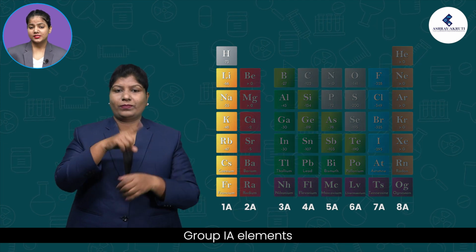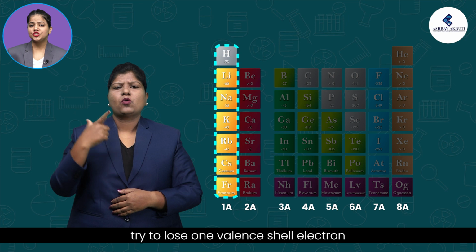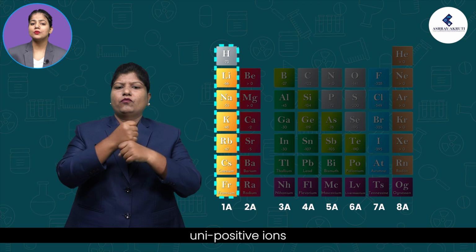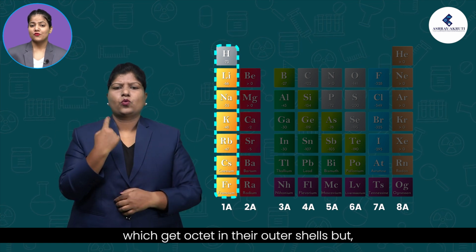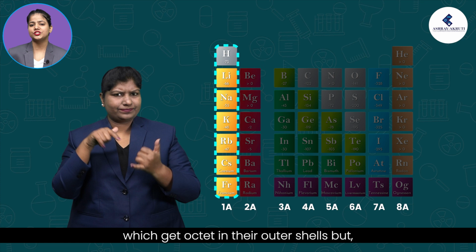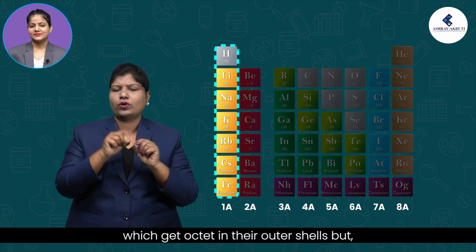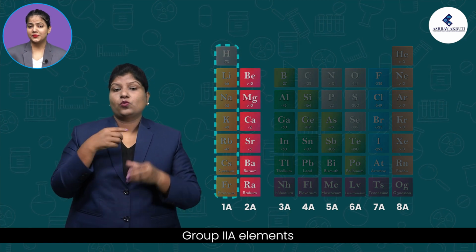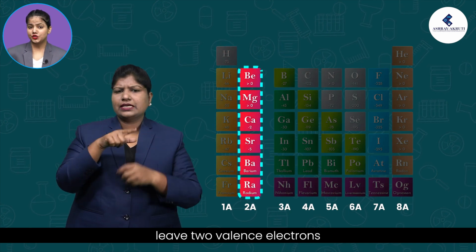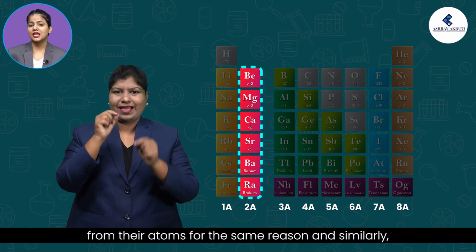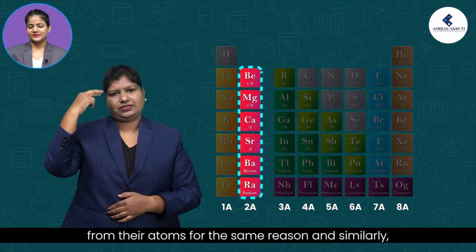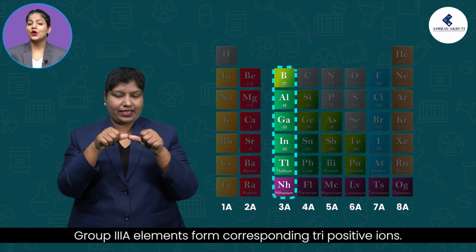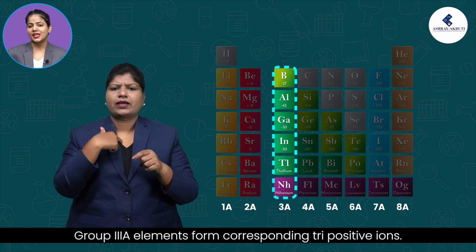Group 1A elements try to lose one valence shell electron from their atoms to form corresponding unipositive ions, which get octet in their outer shells. But group 2A elements lose 2 valence electrons from their atoms for the same reason. And similarly, group 3A elements form corresponding tripositive ions.